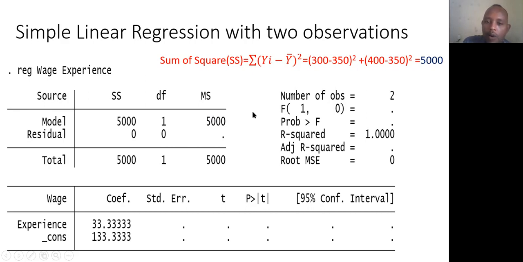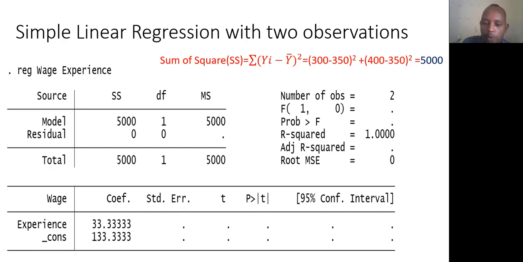And here we have only two observations. But here we don't have values. What is the reason? This t value is the ratio of the coefficient to the standard error. But there is no standard error because there is no deviation from the estimated line, or regression line.